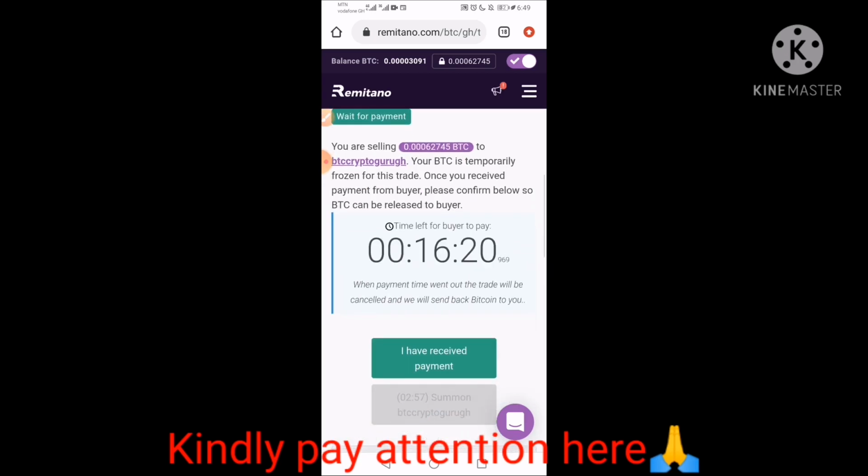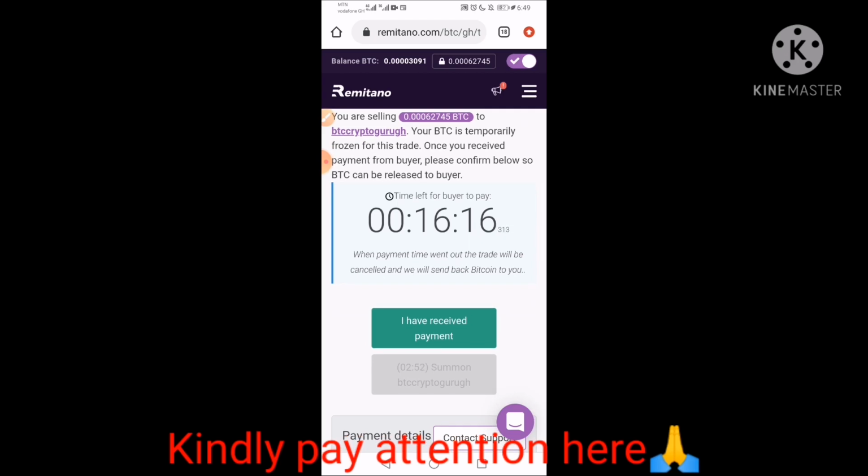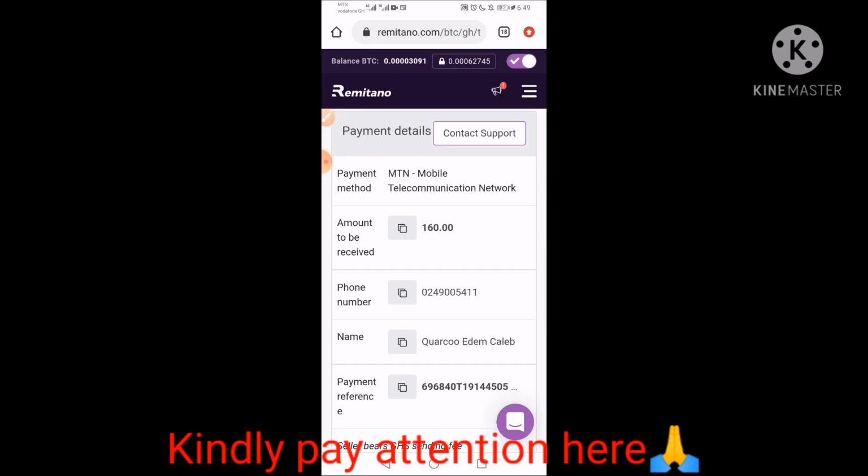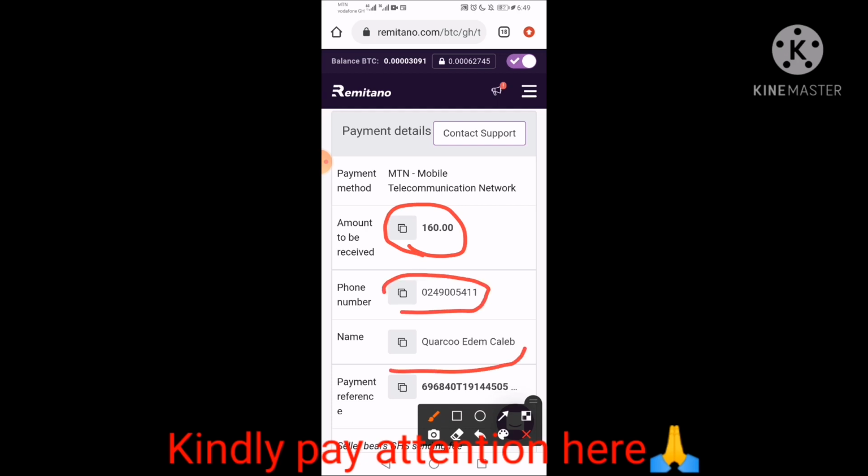So I think Remitano will call him instead of me calling him, okay? And then just to alert him that I'm waiting to be paid to my mobile money account. So this is the amount to be received, all right? And my phone number and the name on my mobile account. So we are still waiting.